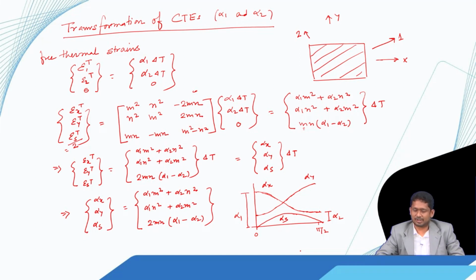When x coincides with 1 or y coincides with 1, that means it is a specially orthotropic ply. So, in that case there is no alpha s, but in between alpha s can exist, and it is maximum when theta, that means the angle of orientation, is equal to 45 degree.